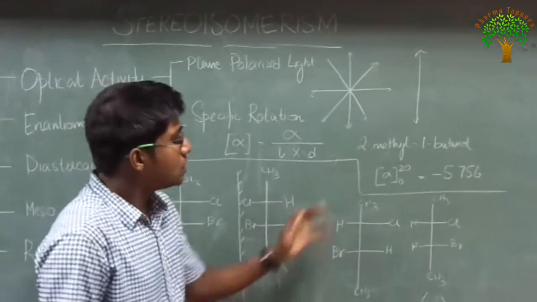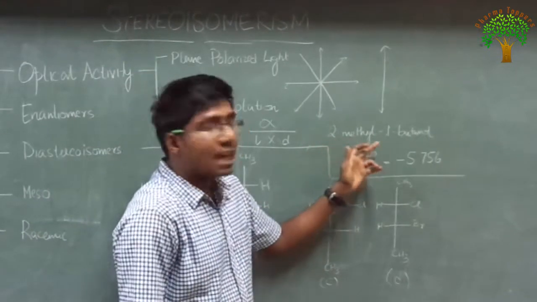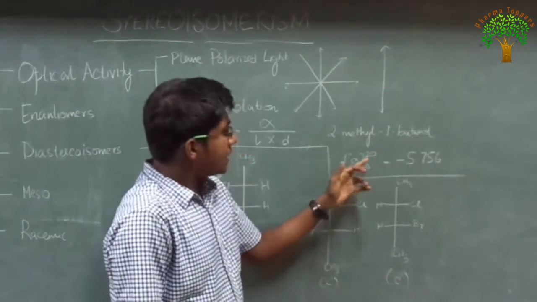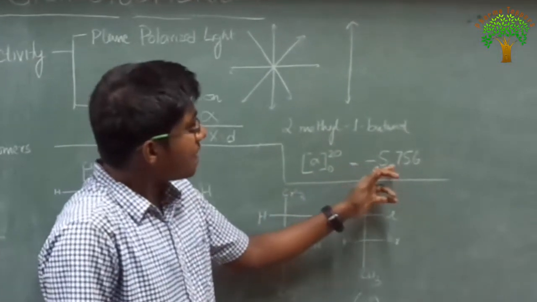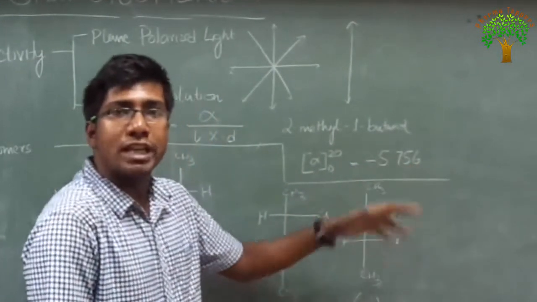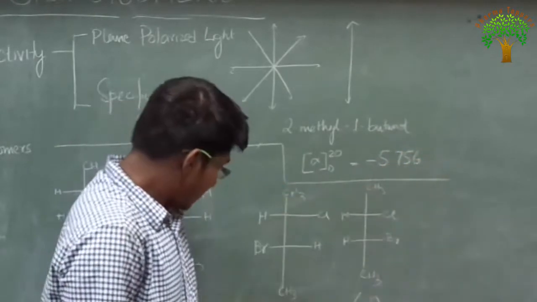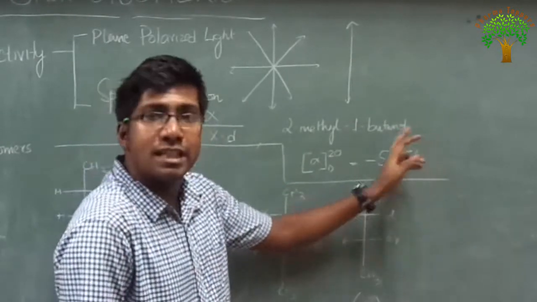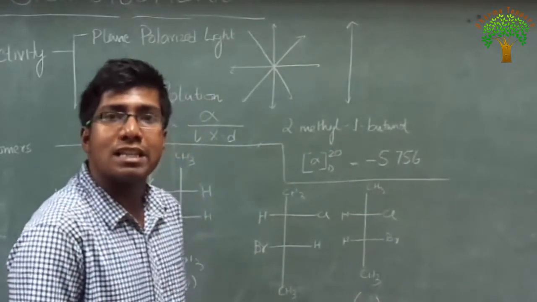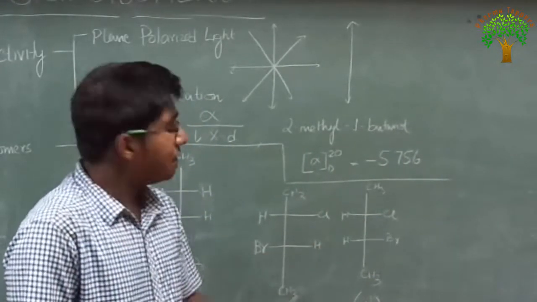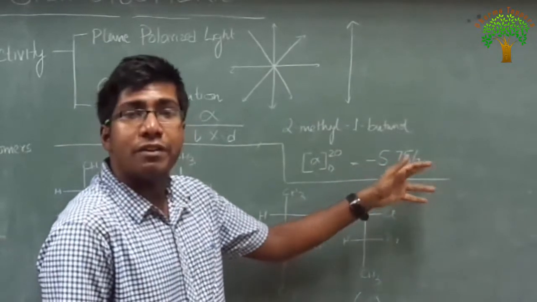For a compound like 2-methyl-1-butanol, the specific rotation, suppose, is minus 5.756 degrees. This is the observed rotation value. Minus 5.756 degrees means that 2-methyl-1-butanol is rotating the plane polarized light to the left by an angle of 5.756.